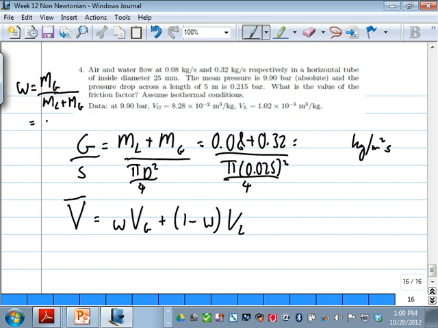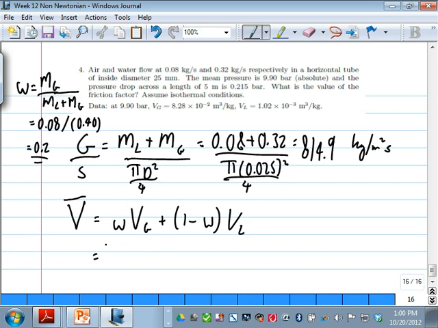So MG is 0.08 divided by 0.40 equals 0.2. Has anyone worked out what G is? 814.9. Okay?